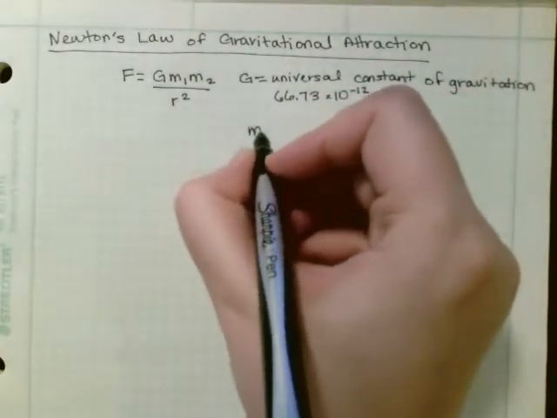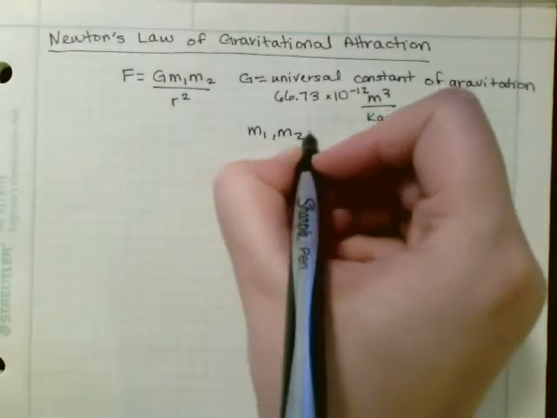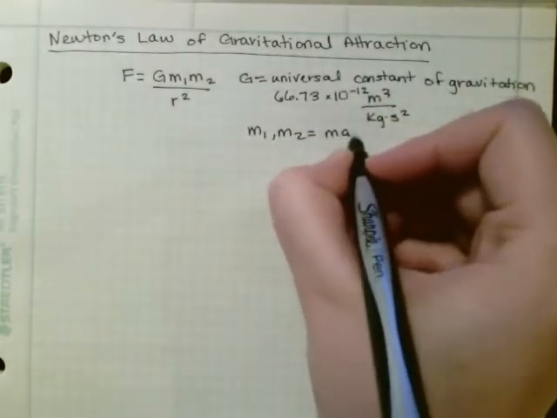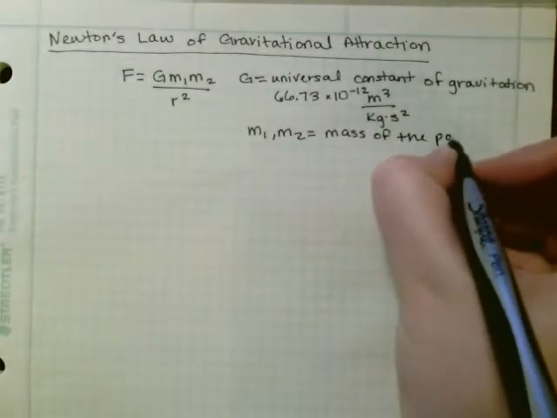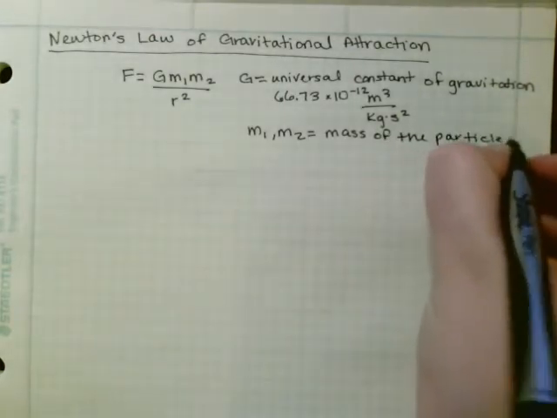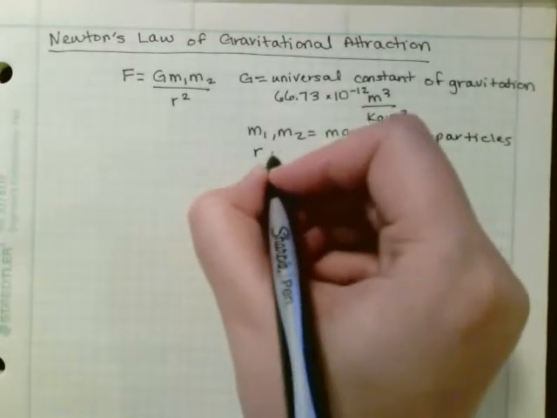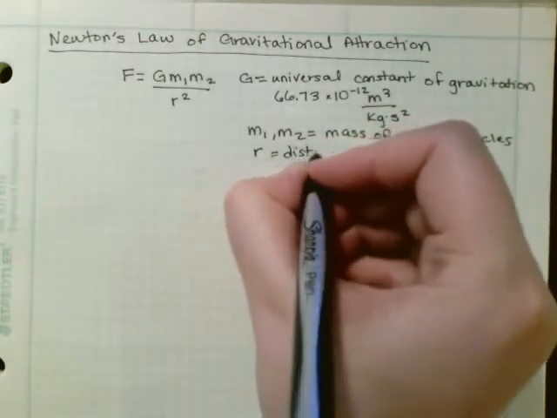So M1 and M2 being the mass of the particles, and then R being the distance between the two particles.